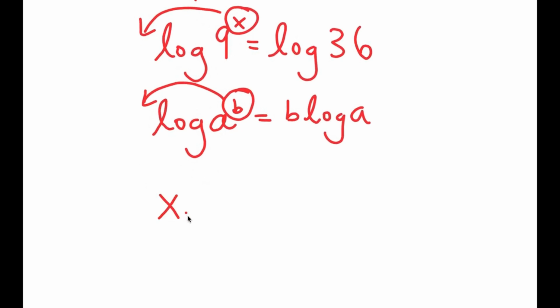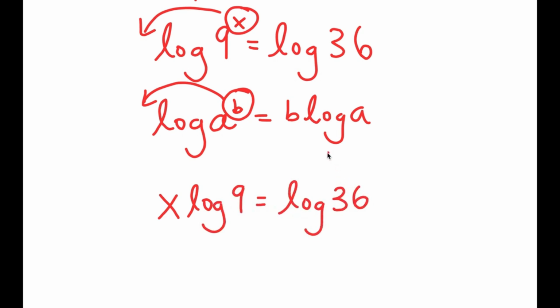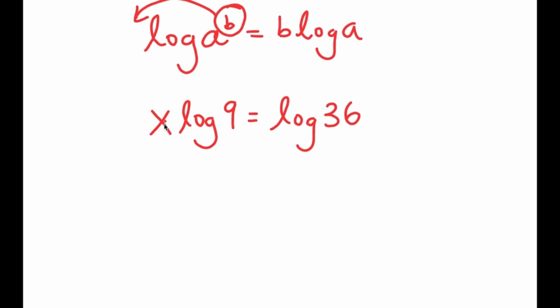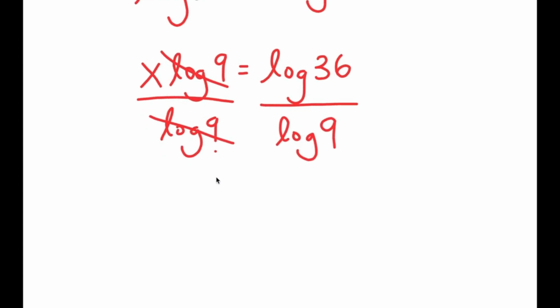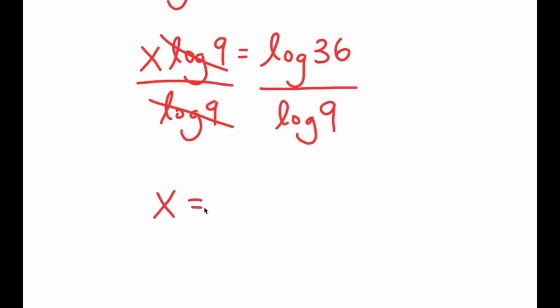So now I get x times log 9 is equal to log 36. And now, obviously, we want to isolate x, so I'm going to divide both sides by log 9. So then these two cancel out, and I get x is equal to log 36 over log 9.